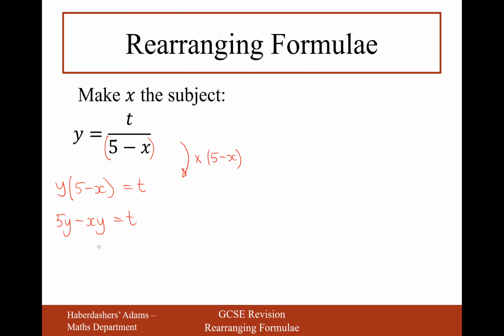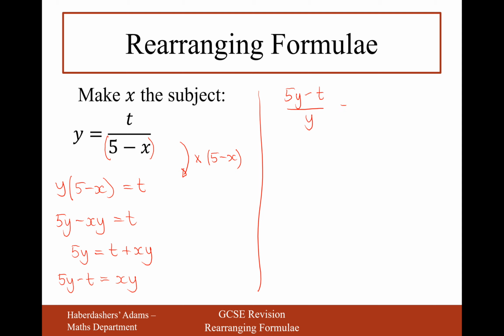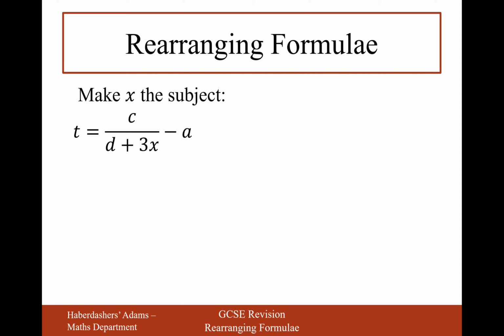X is in a bit of a negative situation here, so I'll add it onto the other side. T plus xy. Then I'll take away the t, and I'll divide by the y, and I'll move up to the next line for that. Divide by y, 5y minus t over y equals x. And there we are, that's the answer to that question. Let's move on to the next one.